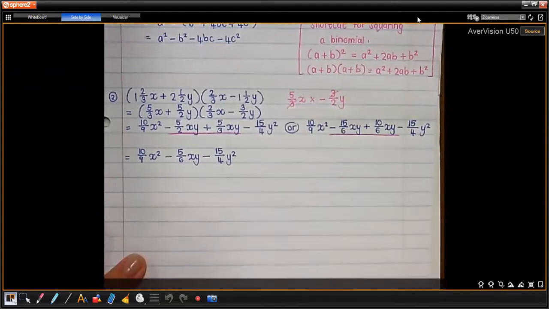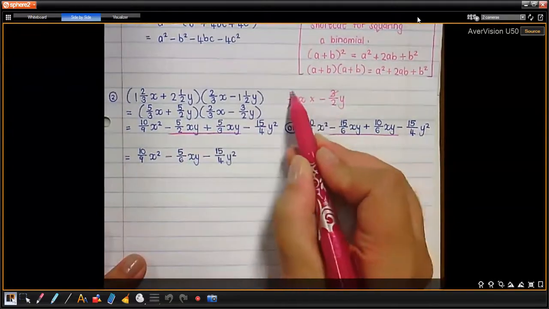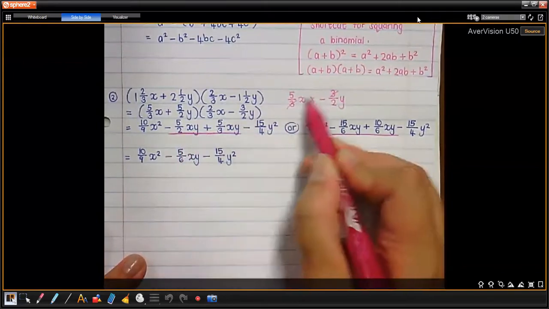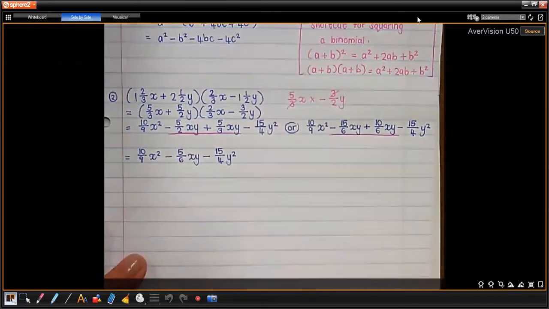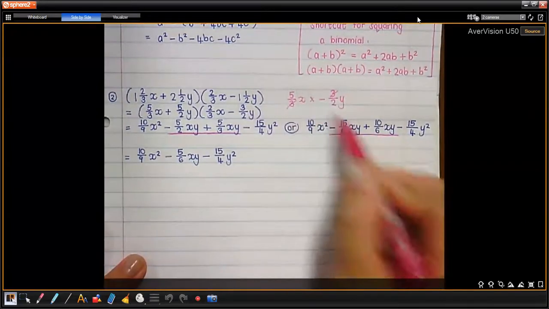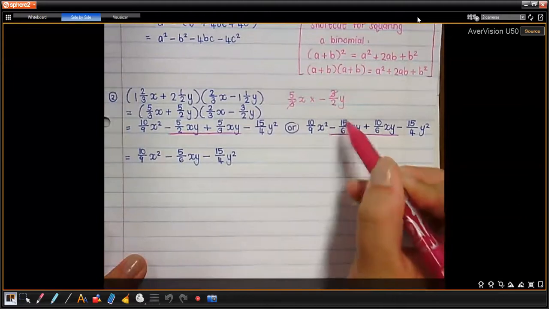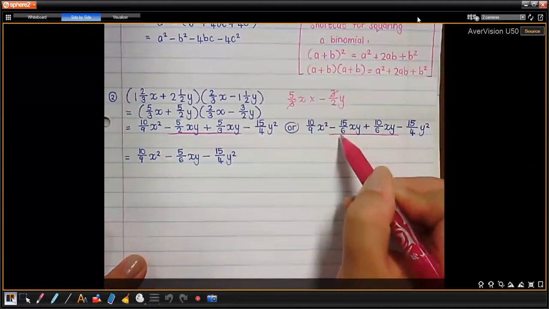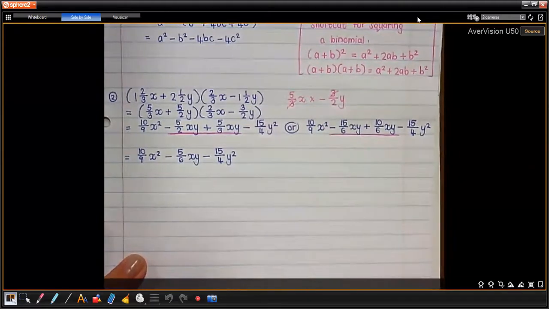Which is what I did at first. Then you would get -5/2xy. But if you didn't cancel them out, if you just said what's 5 times 3, 15, and 3 times 2 is 6, xy. That's also fine. In this case, it actually would have been better.